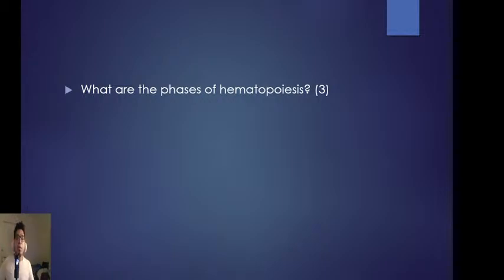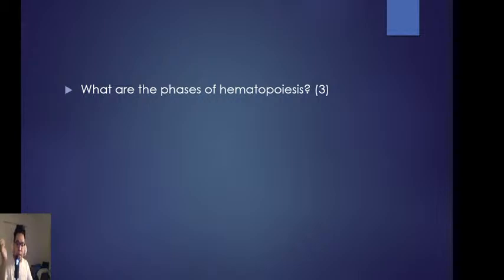Terribly sorry. All right. So when the question asks you about phases of hematopoiesis, you need to deduce that there are only three of those phases. Maybe one of them is not included, so I'm going to exclude which one. For example, we have the mesoblastic stage, hepatic stage, and the medullary phase.